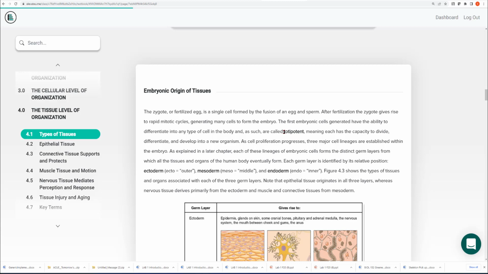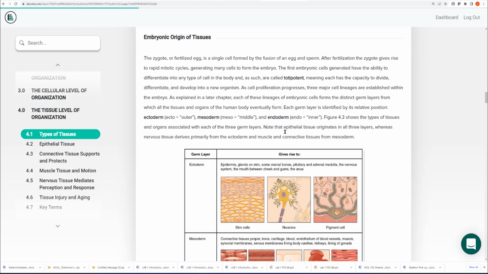And recall then the cells become a little bit more specialized, they differentiate, and some of the cells become pluripotent and eventually multipotent and oligopotent and eventually at the end unipotent. How does this happen?